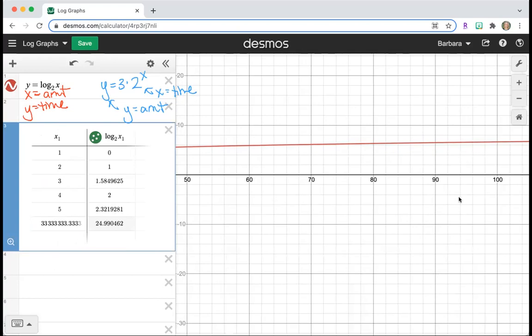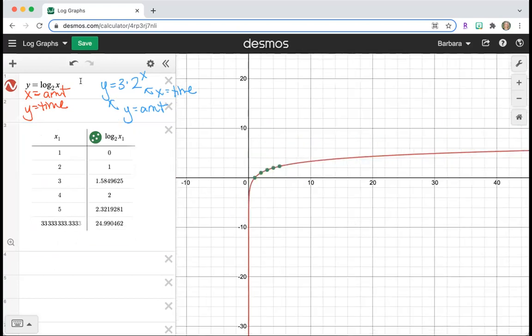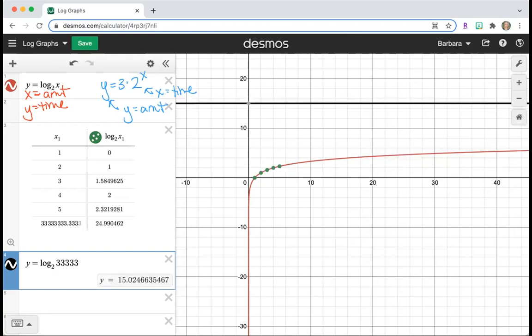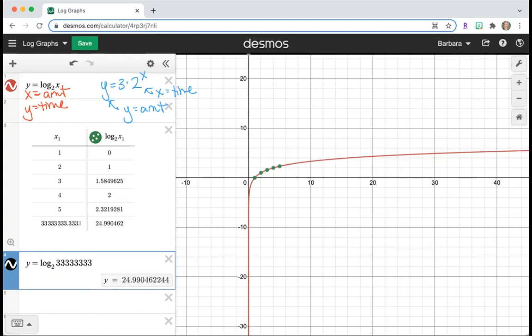One other thing that we saw was, you can see it in the graph. We can look at the x amount and we want to find y as the time. We can then create a table to do that, or you can type it into Desmos as almost like a calculator, as a function. So log base 2 of 33,333,333.333 repeating.